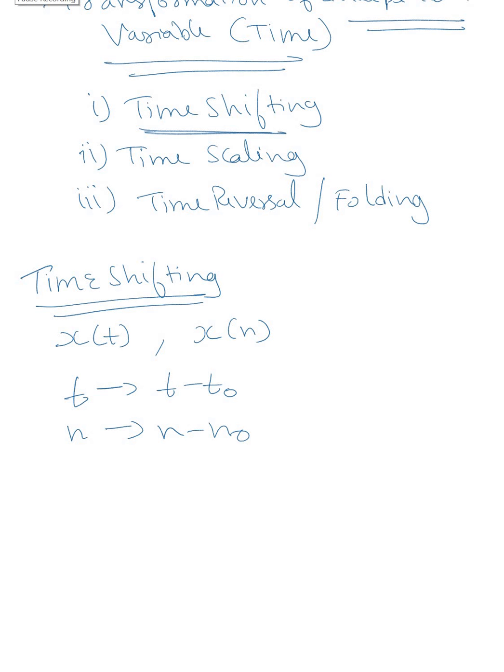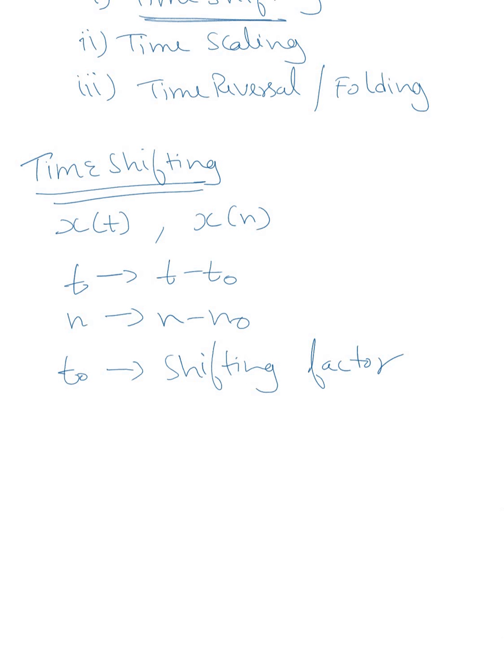So yes, the time shifting takes place when the independent variable t or n is replaced by t minus t naught or n minus n naught, with t naught as your shifting factor. That means the shift is by the factor of t naught.